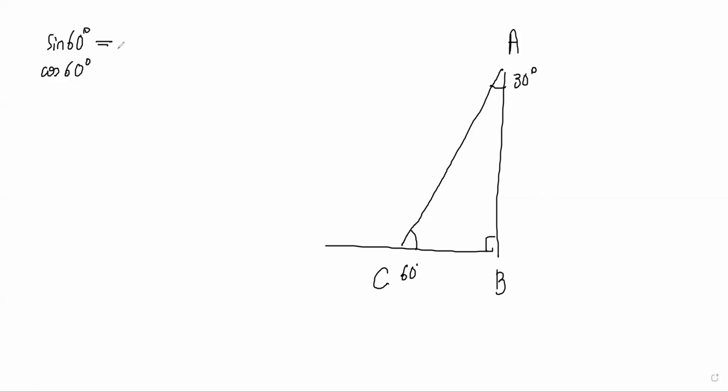Similarly, you could have a triangle which is like this. This is 60 degrees, this is 30 degrees, and this is 90 degrees. Now for this triangle, we also have to use some geometry to figure out what is sine 60 and cos 60. Sine 60 here is AB by AC, and cos 60 here is BC by AC.